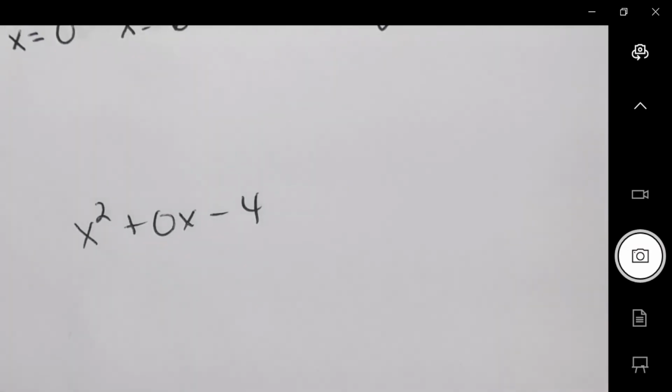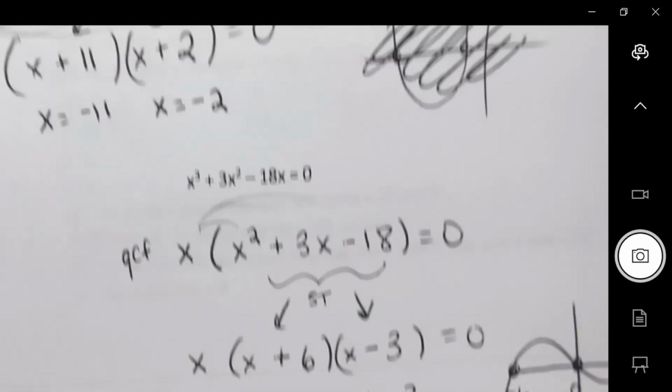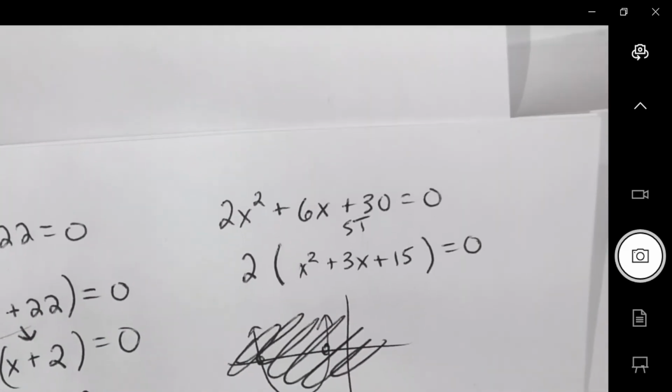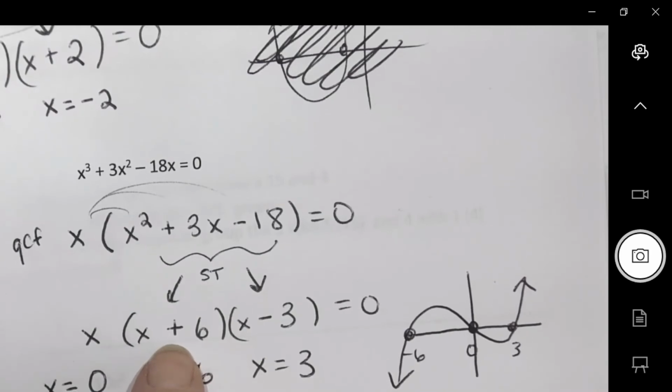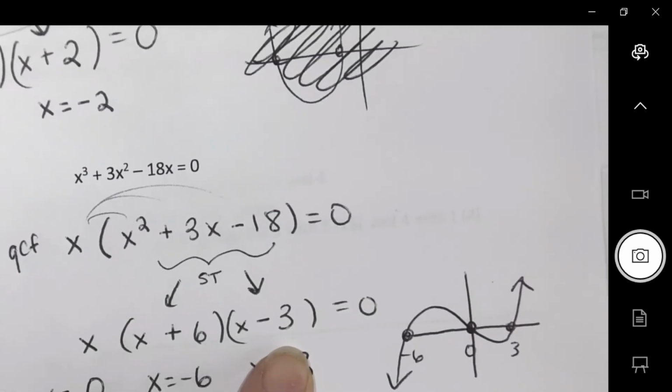It's a simple trinomial without a middle, so it's 0 in the middle. It doesn't matter which side the positive is. If somebody had x minus 3 and an x plus 6, your order will not matter. Because it's multiplying, it's like me saying 4 times 5 is the same as 5 times 4.